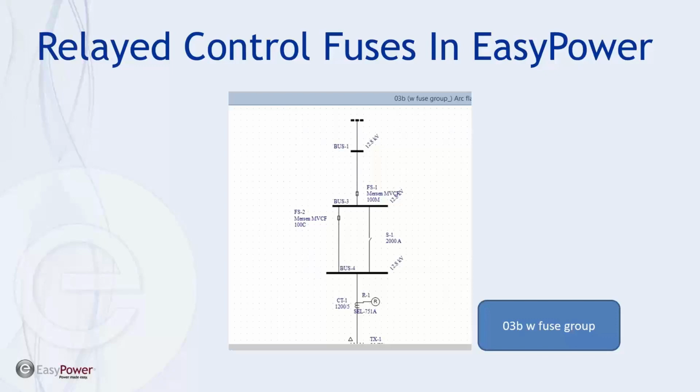What it appears from the data sheet from the manufacturer is that switch is more in series with the direct current and opens up the switching rather than redirects the fuse. At any rate, there's multiple ways to get there, and I suggest you talk to your hardware manufacturer, and once you've decided what you want to do, make sure you request EasyPower, the model ready for you when you need to model the system.